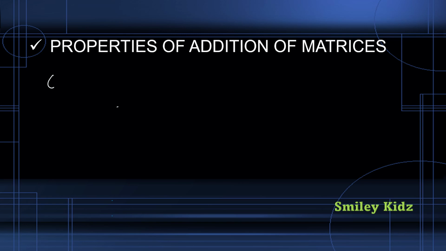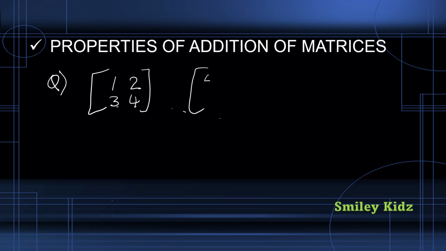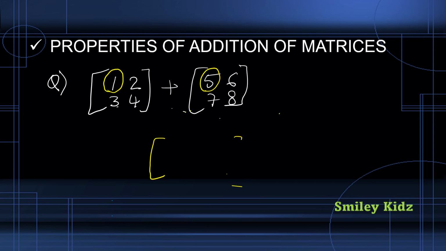Now let's see a quick question of how to solve the matrices. Okay, now if I have 1, 2, 3, 4 and 5, 6, 7, 8. If I'm going to add these two matrices, how am I going to do that? Well, you're going to add 1 and 5 first. First, let's make a new matrix, that is, the output of solving these two matrices. So 1 plus 5 gives you 6. So let's put 6 first.